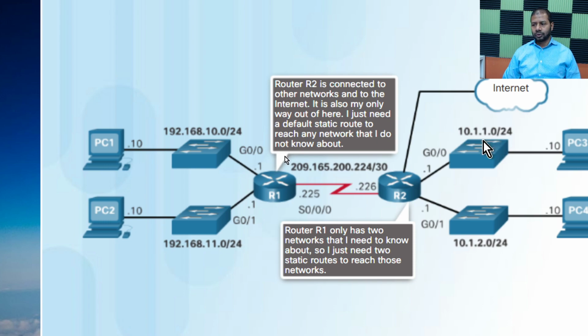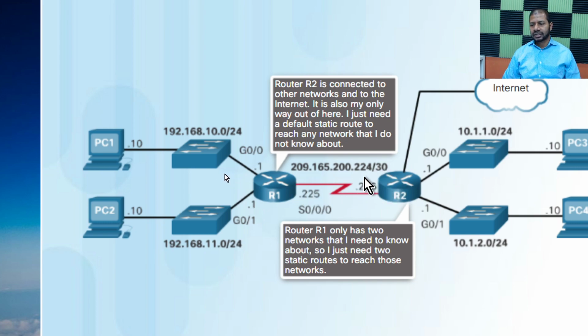One, I can go into R1 and manually write down that there is a network 10.1.1.0 with a subnet mask 255.255.255.0. For that network, your exit interface is serial 0/0/0. If you have to go to that network, go out through serial interface serial 0/0/0, or look for the next hop router, which is R2.